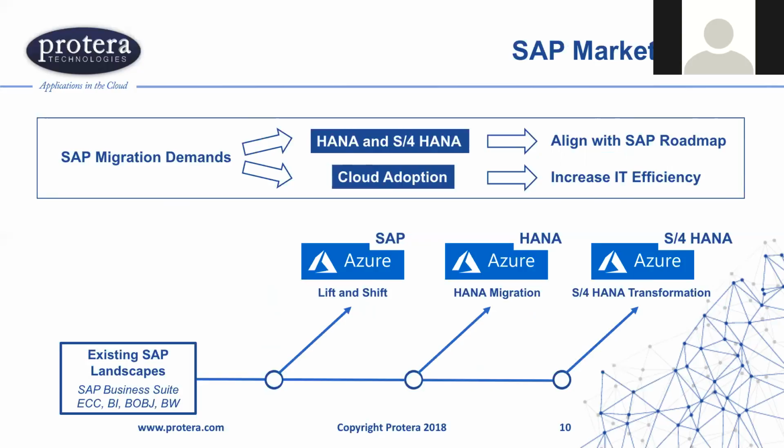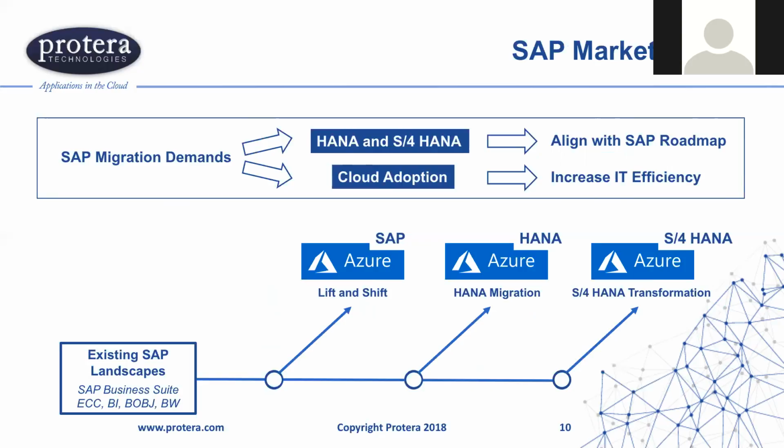So the three different categories, the complexity as we go from left to right gets more complicated. From complexity, we require more time just to remediate the risk. On the top, you can see that the migration demands, and we see this in two categories. There is the alignment with the SAP roadmap, which is the technical and the application transformations.